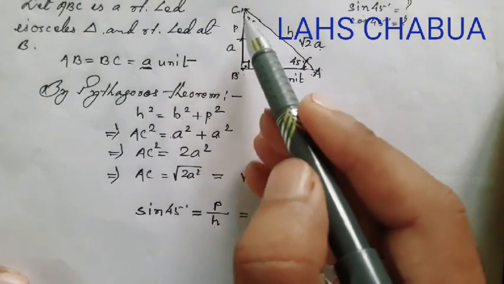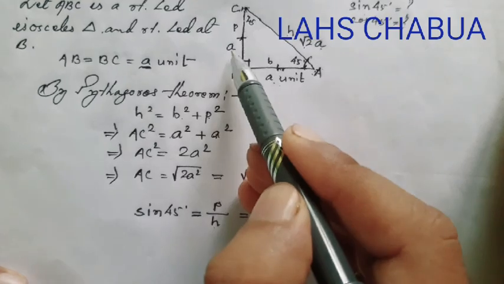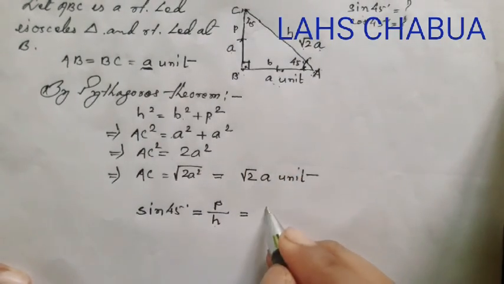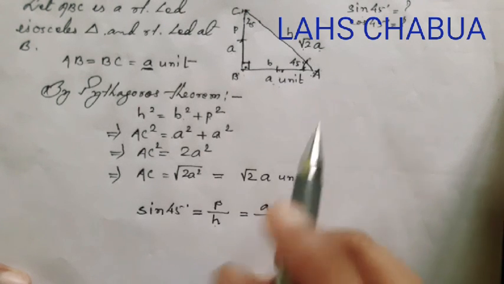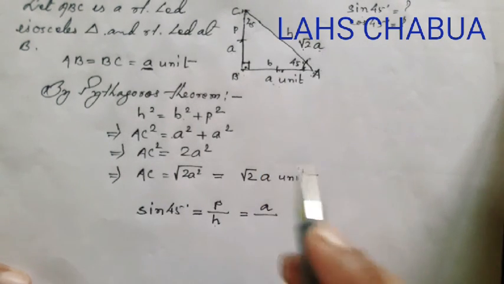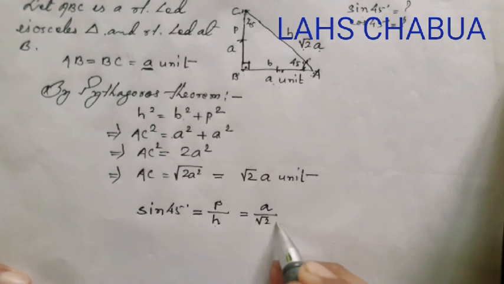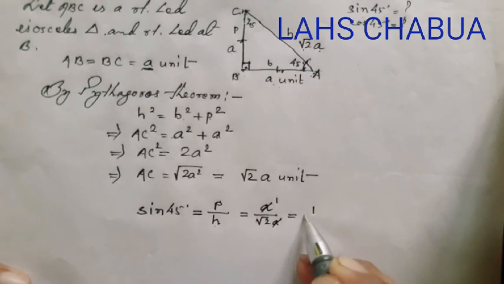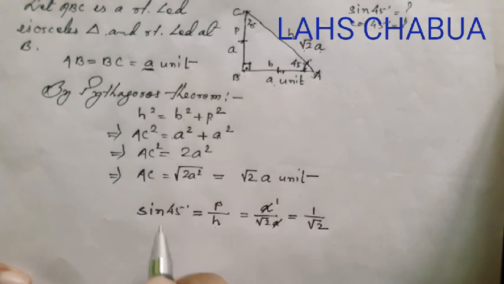See, this is the perpendicular and its length is a unit, and hypotenuse is root 2a. So a will get cancelled. So 1 is left here, 1 by root 2. See, we got sine 45 is 1 by root 2.